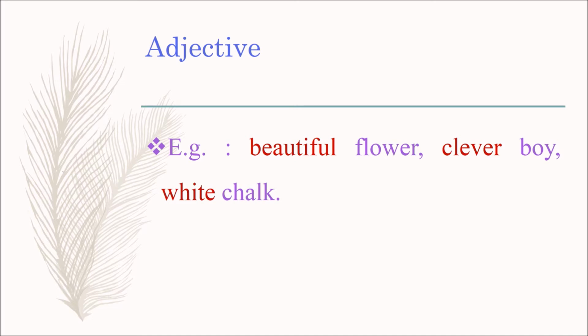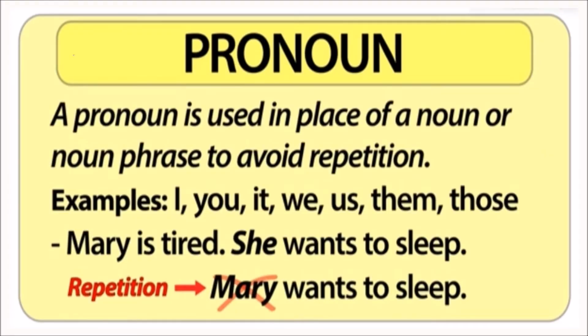A pronoun is used in place of a noun or noun phrase to avoid repetition. Examples: I, you, it, we, us, them, those. Example sentence: Mary is tired.